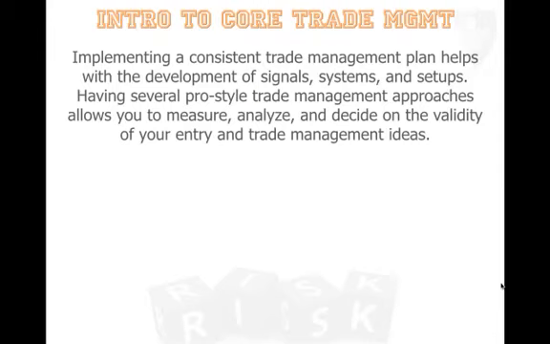And then when you have a consistent trade management plan, you can then interlock the pieces with various signals to see which ideas work. Maybe in a downtrending market, if you're trading counter trend, you have to change your trade management approach to capture quicker gains. But if you're trading in the direction of the current trend, you could use a trade management plan that allows you to open up your targets so that you can capture more of the gains.